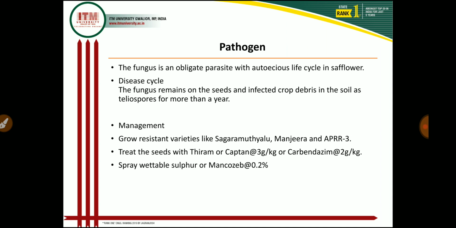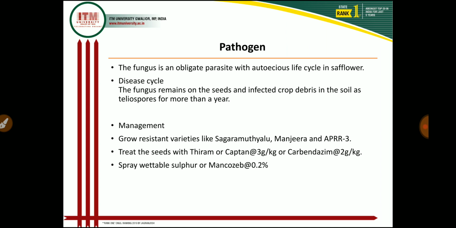And if we remove and destroy the infected plant debris in the soil and remove the collateral hosts, these are the cultural management of the safflower rust. We also control the disease by spraying vegetable sulfur or mancozeb at the rate of 0.2%. So these are the management practices for controlling the safflower rust.